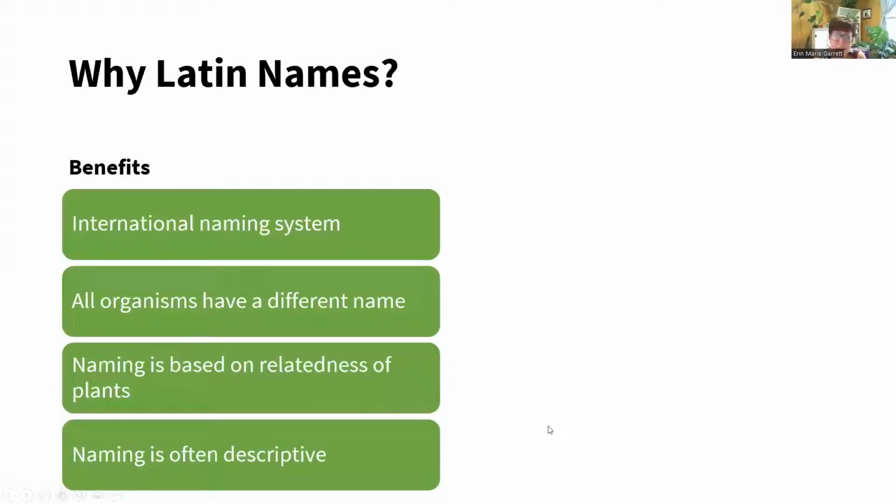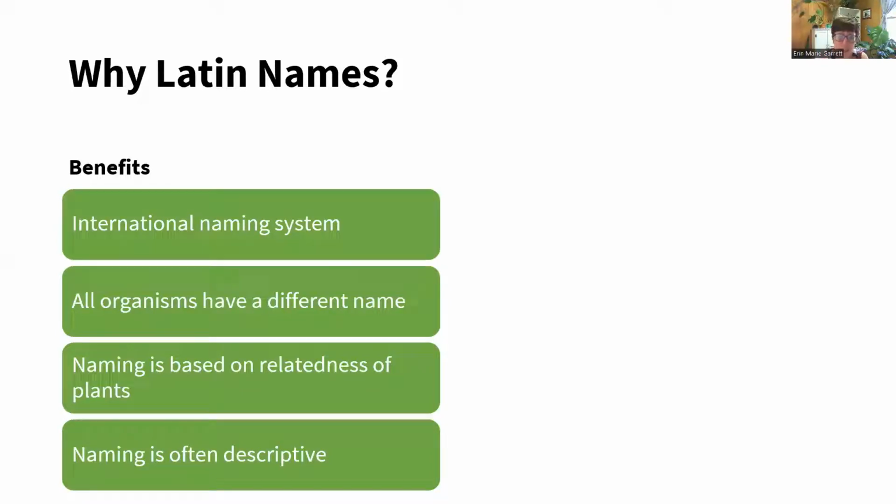Okay, so let's talk about Latin names for a second. What are some of the benefits of Latin names? Well, first of all, and maybe most importantly, it's an international naming system. So while you may not be a world traveler talking with other botanists around the world, scientists and botanists who do publish and work with international partners are all speaking the same language.